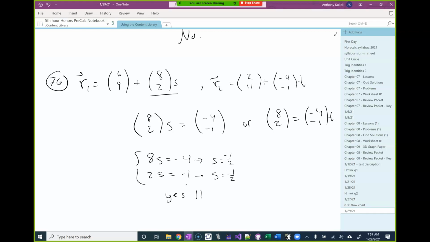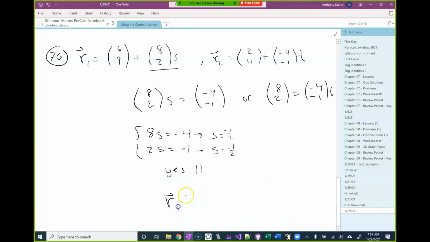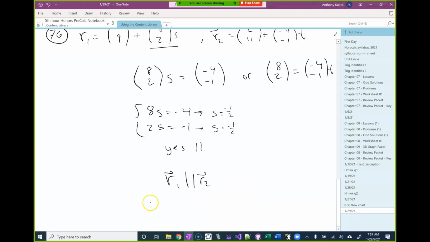Okay with that? So since I know that R1 is parallel to R2, I need to check if they're coinciding. If I can find a point on R1 and that point is also on R2 or vice versa, I know that they're really the same line.